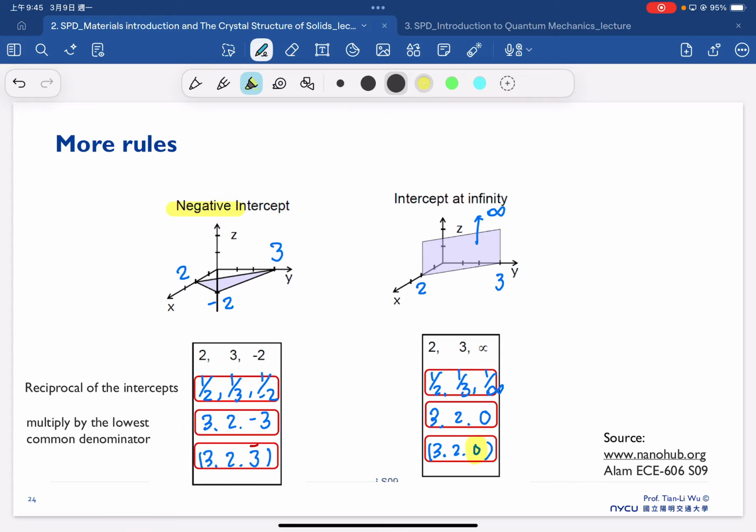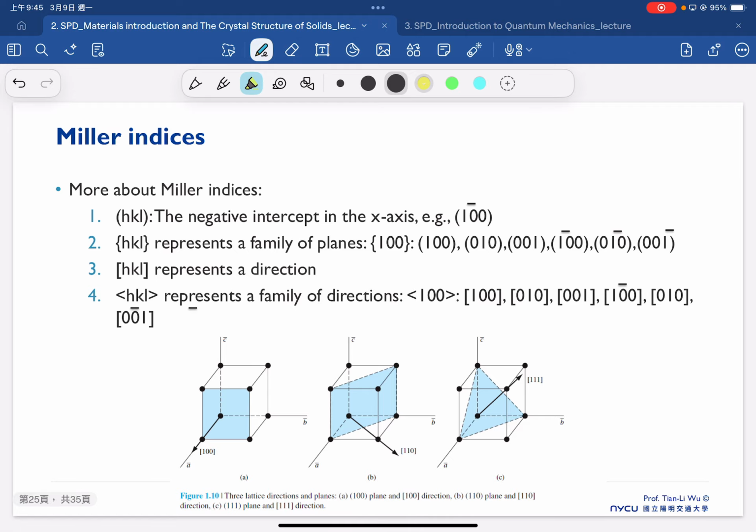There can also be certain variants of this Miller index, but the calculation is still the same. The only change is how we use different brackets.